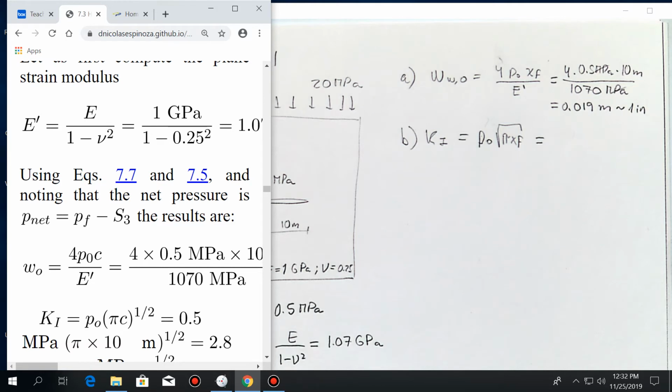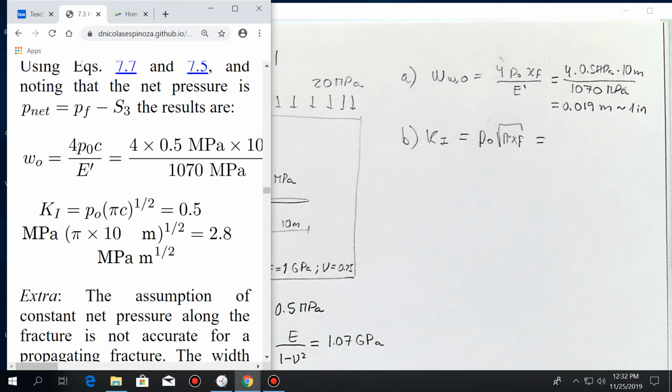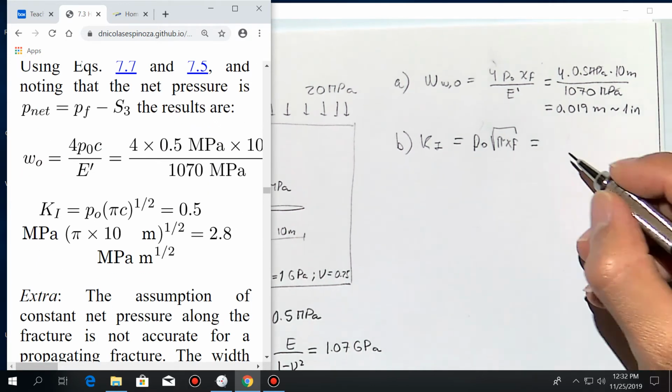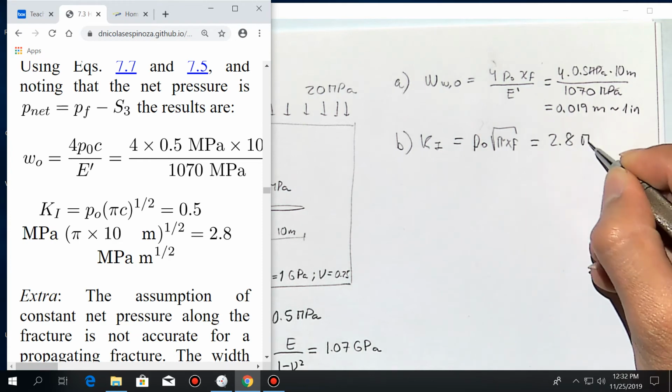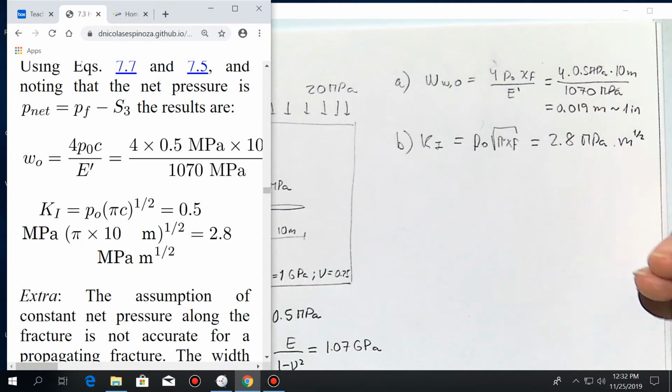Okay, so when you plug in the numbers, what do you get? Probably we see a solution already here. 2.8 MPa times meter square root.